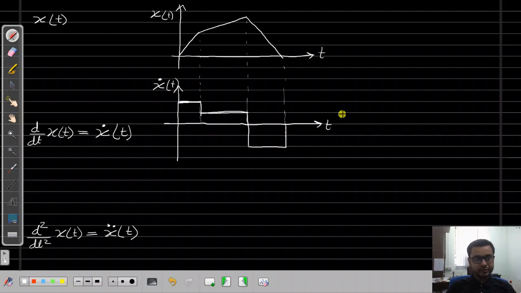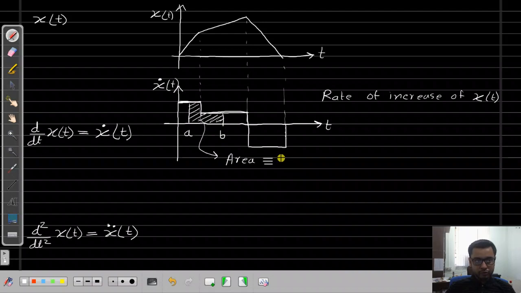Now the meaning of this derivative is rate of increase of x(t), and if you integrate this signal, say within a region from t equal to a to t equal to b, then the area under this curve, so this area, signifies the amount of total change or total increase of x(t), this original signal, between t equal to a and t equal to b.